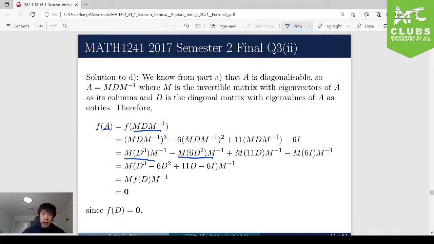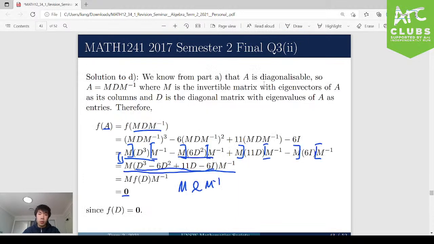And then in the next line, since every single one of these terms has an M on the left side and an M inverse on the right side, we'll just factorize M on the left and M inverse on the right, and it'll give this. But this thing in the middle here is exactly what we evaluated in part C, and that gave us 0. And so you end up with M times 0 times M inverse, which is 0, without having to explicitly calculate A cubed and A squared. Okay.